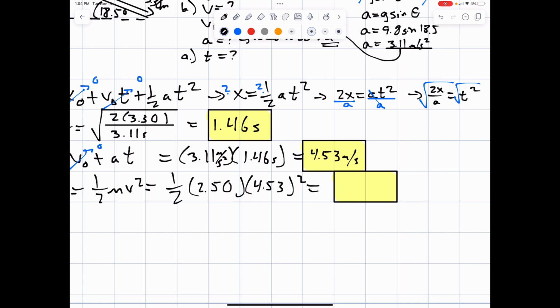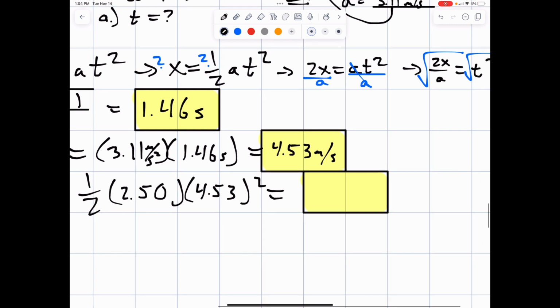So square the 4.53 first, times your 2.5, and then take half. And we're looking at a little over 25 joules, about 25.7 joules.